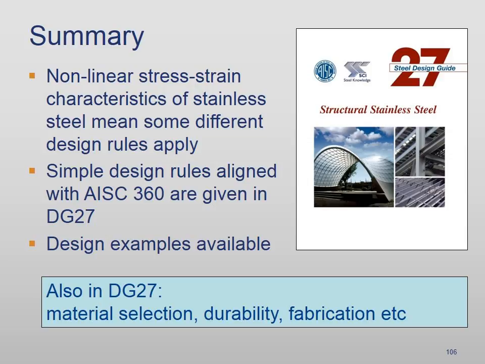Some section producers do publish their own tables. They don't go the full way in giving the section capacities, but they give section properties which are useful. But no, in Europe we have published member resistance tables, but it's not yet available for stainless steel. Okay, thank you.